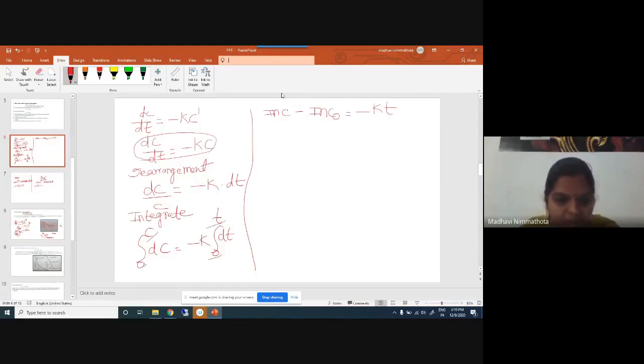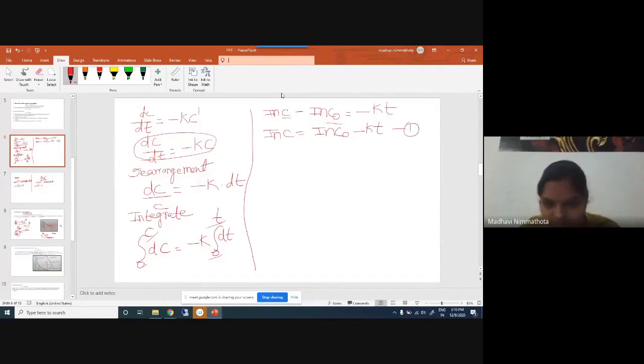Integrating gives ln C minus ln C0, that is the drug concentration at time t and the initial plasma drug concentration at time 0, equals minus k, a constant, times t. So the next equation will be C equals C0 minus k into t. This is equation number 1.